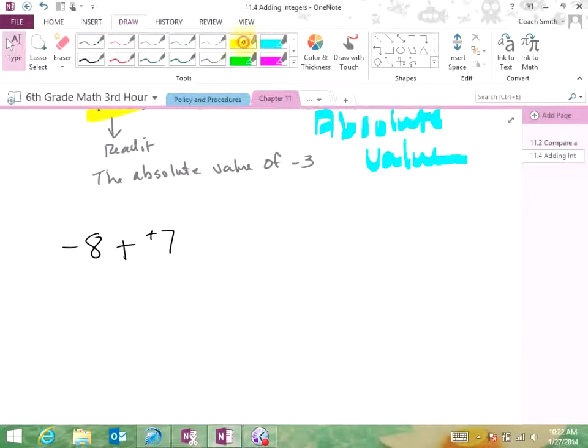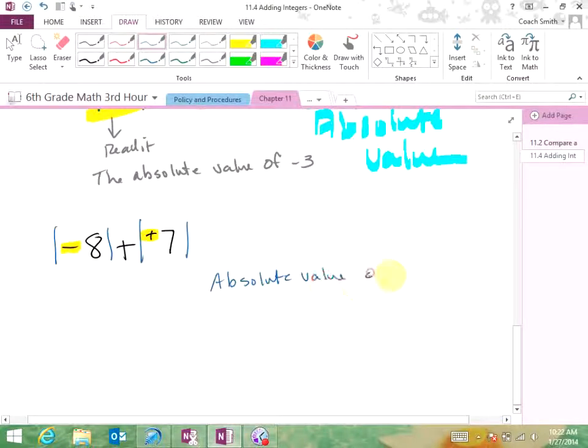Here I have a negative and a positive integer. So what I'm supposed to do is take the absolute value of both numbers. The absolute value of -8 and +7, that's what I have to do here.